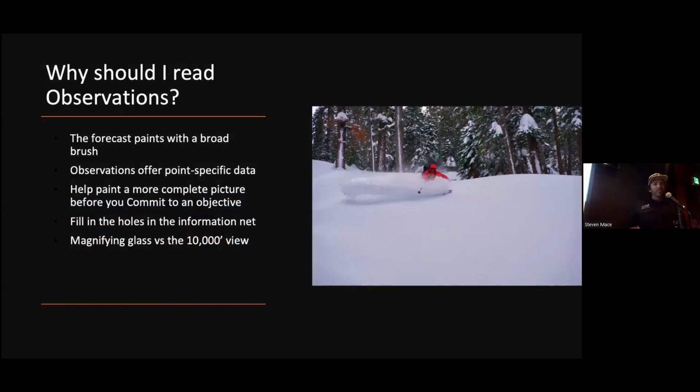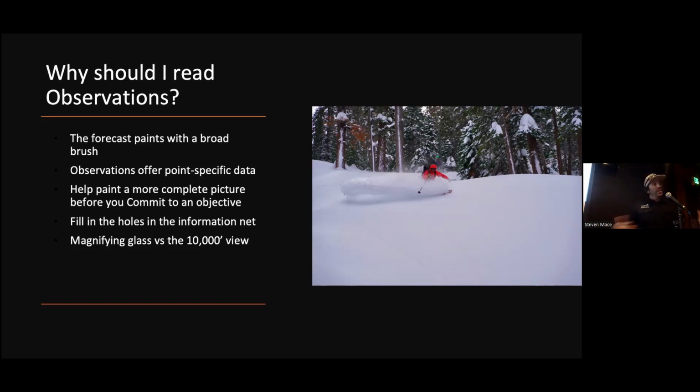So why should you read the observations? Why are they important? I think it's important to keep in mind that the forecast we create every day paints with a really broad brush. We are offering one danger rating and a general view on what the conditions are like across the entire forecast area, which, for those of you who spend a lot of time here, know can often be very different from one end to the other, from Bishop Creek up to Virginia Lakes or in Mammoth in June.